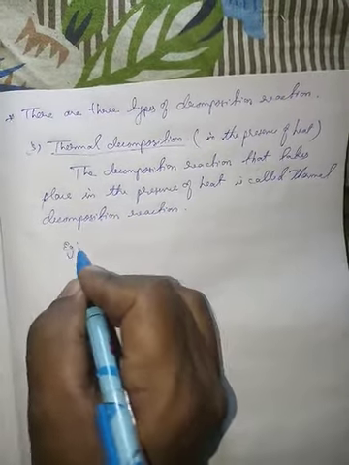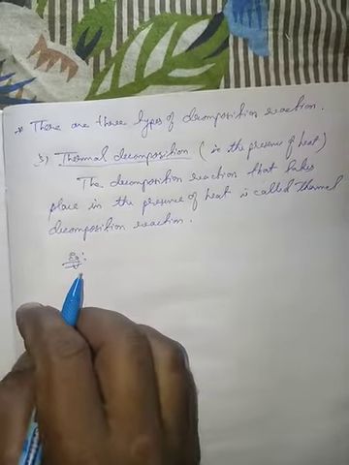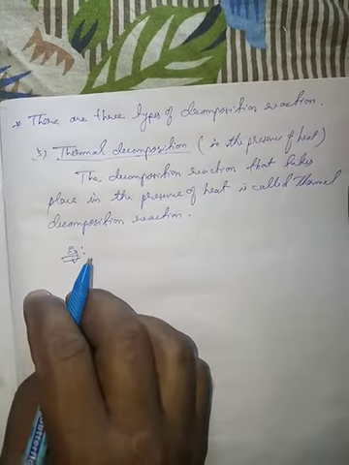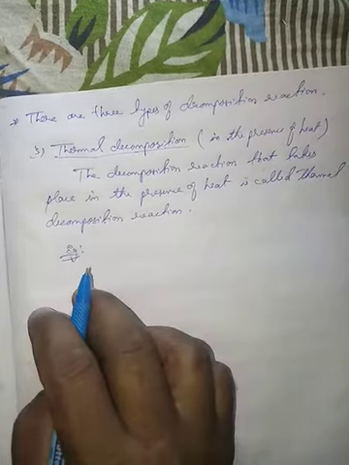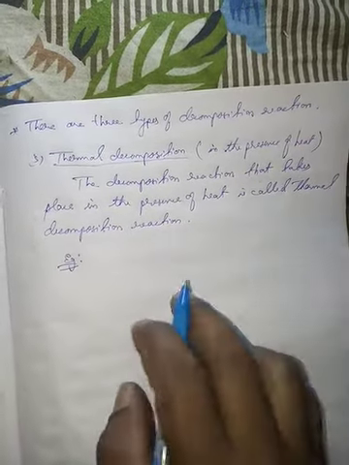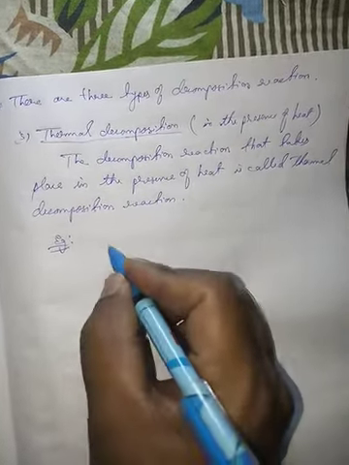Let us take an example that takes place in the presence of heat. Calcium carbonate, that is limestone, when heated, forms calcium oxide and carbon dioxide.